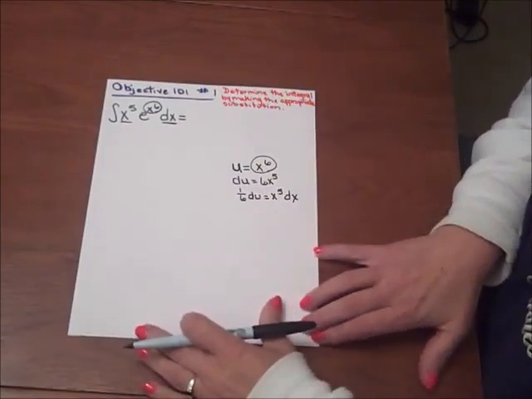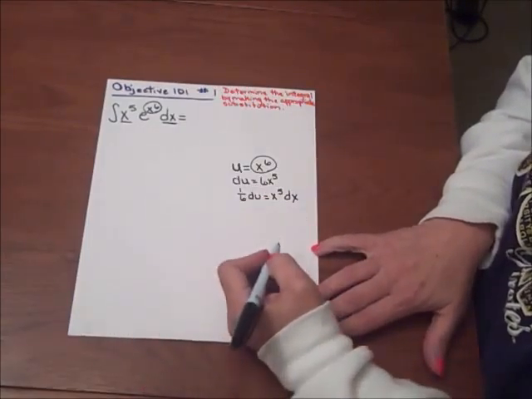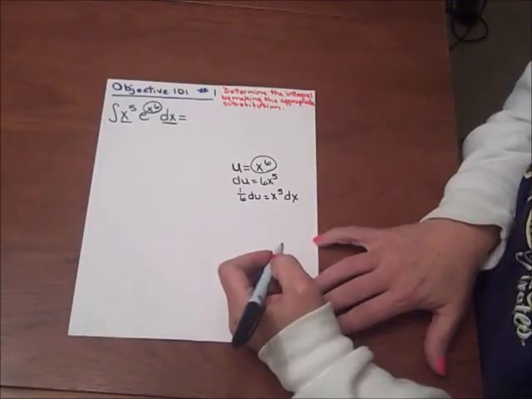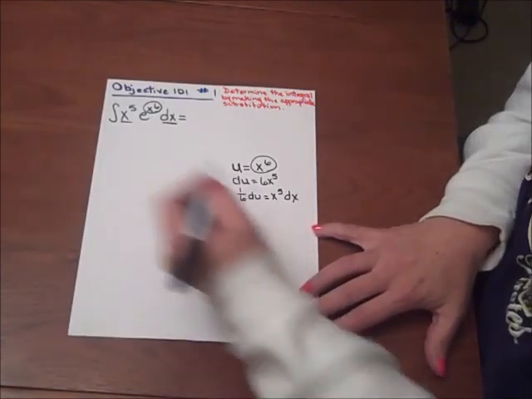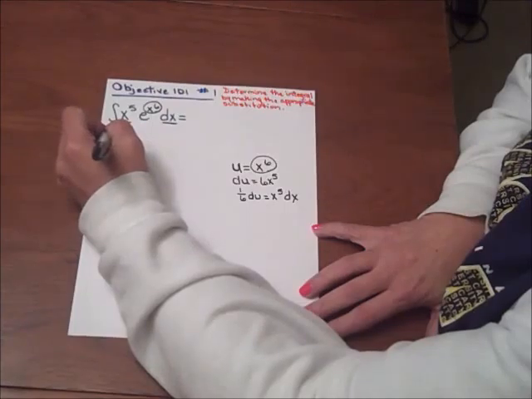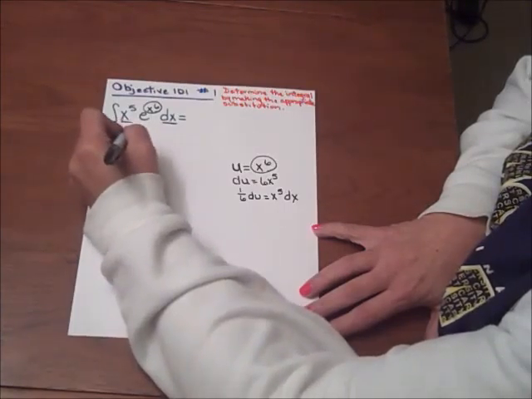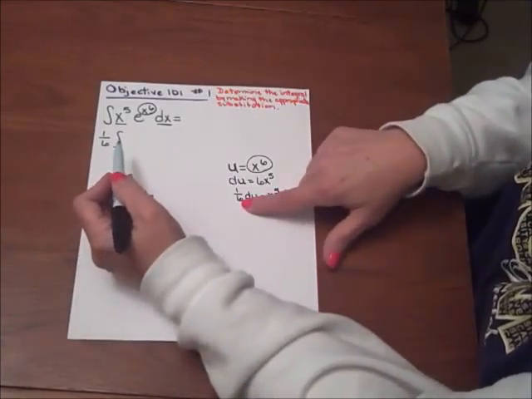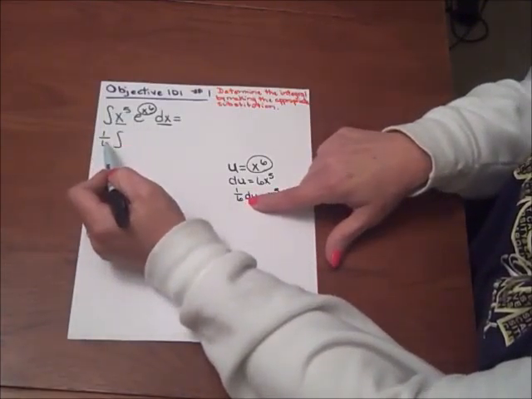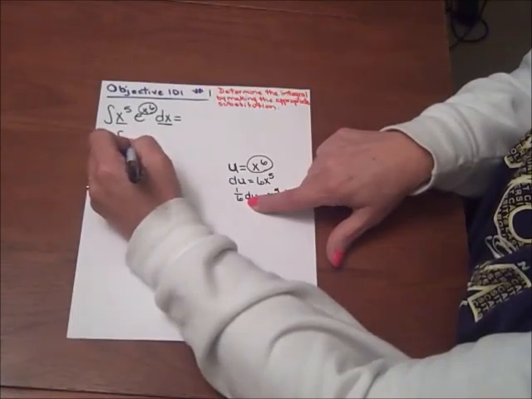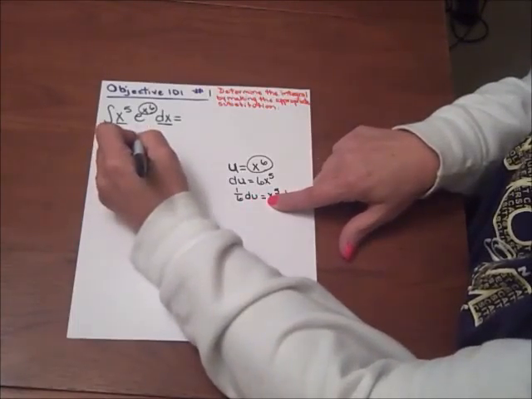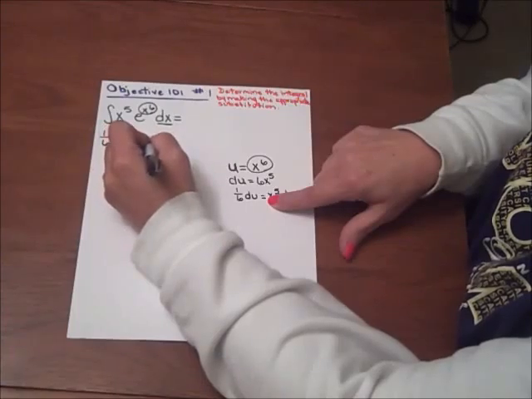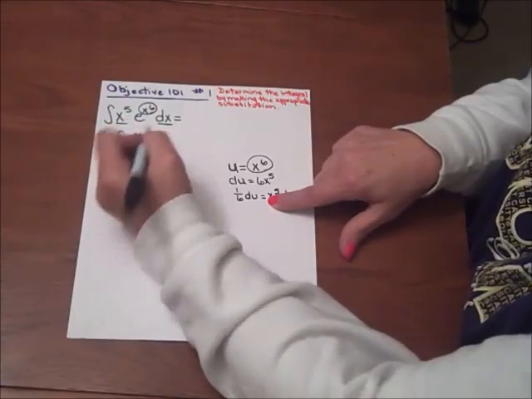I apologize, folks. So now we can just plug these numbers in, and we bring the 1/6 to the outside of our integral. So now we have 1/6, and it replaces x to the 5th, and we have e to the u, and then du.